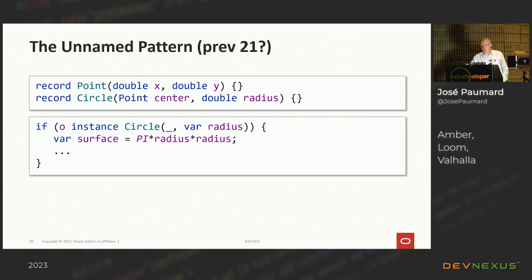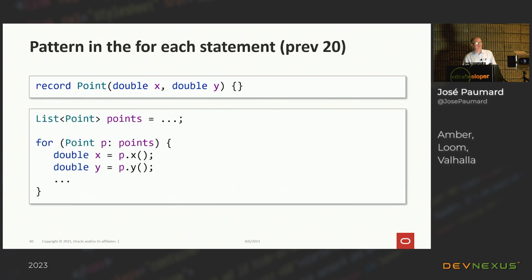Now, as a preview feature in JDK 20, there is another place where you can use a pattern, which is the for loop. So suppose you have a record, which is a point here, and you have a list of points, a list of records, which is of course perfectly legal, and you are just looping over the elements of this list by calling this code. And then you see that the only thing I'm doing here is just calling the accessors. I don't need this P reference. In fact, all I need is x and y.